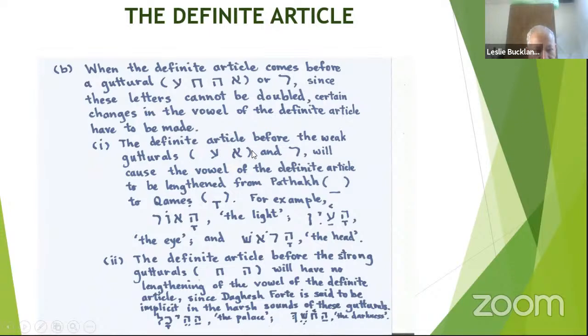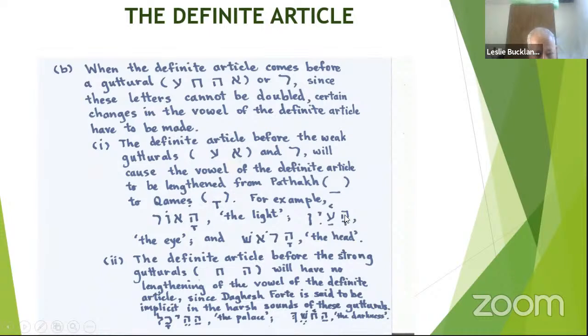So if the word starts with a weak guttural or with resh, then the pathak has to be lengthened under the he of the definite article to its corresponding long vowel, and that's kamis. So you have ha being used before aleph, ayin, and resh.